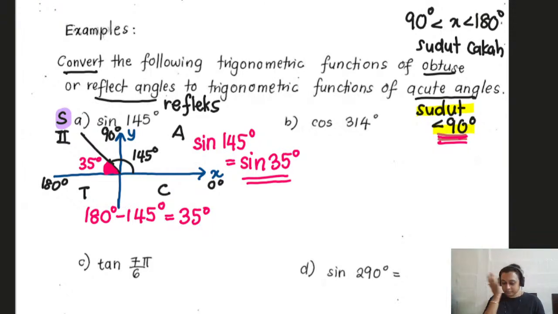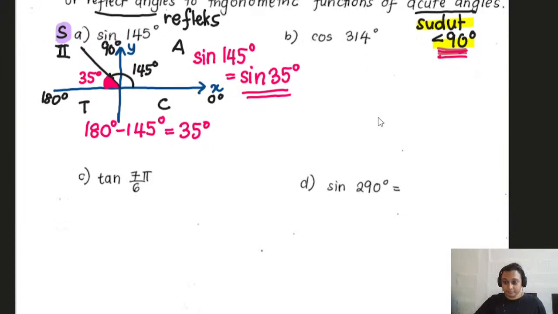Jawapan yang sama tak? Do you get the same answer? Same. So you get same means your answer is correct already. Sudah betul. Okay? Boleh? Can? Now we try B.